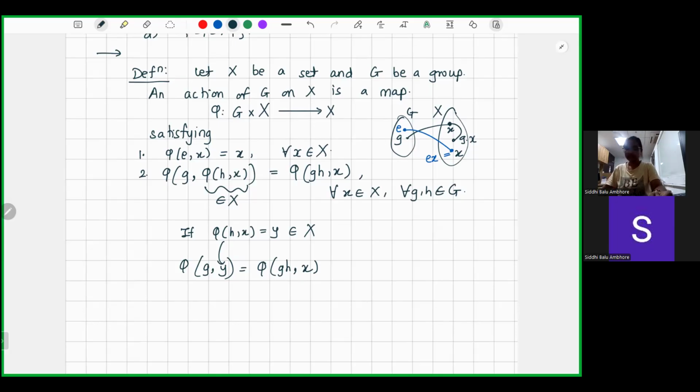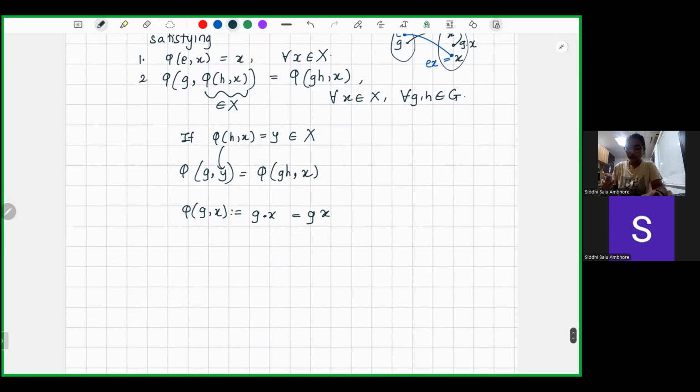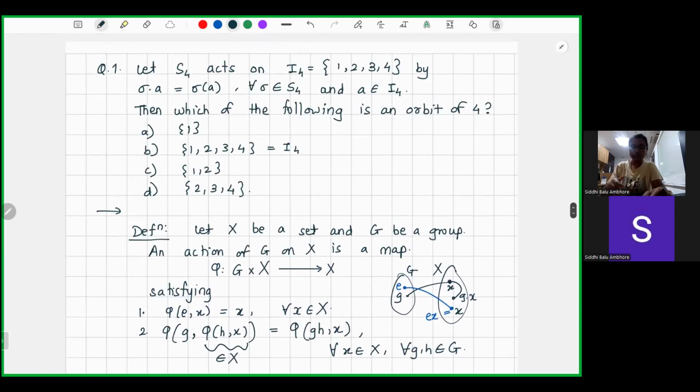For shorthand, often phi(g, x) is denoted by just g·x, or sometimes we just write it with juxtaposition, gx. So we have to see how this S4 acts on this I4.